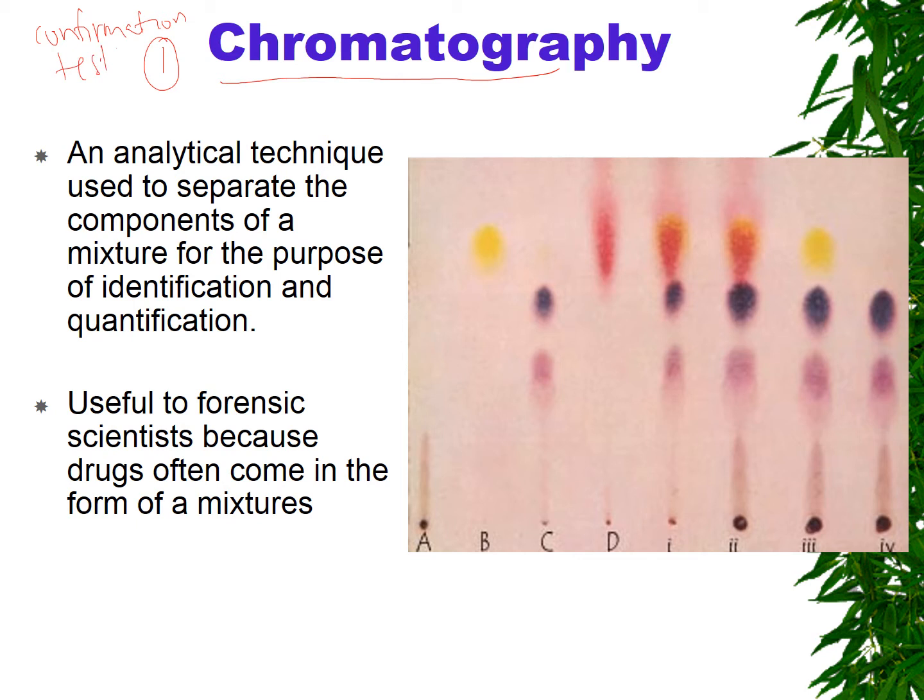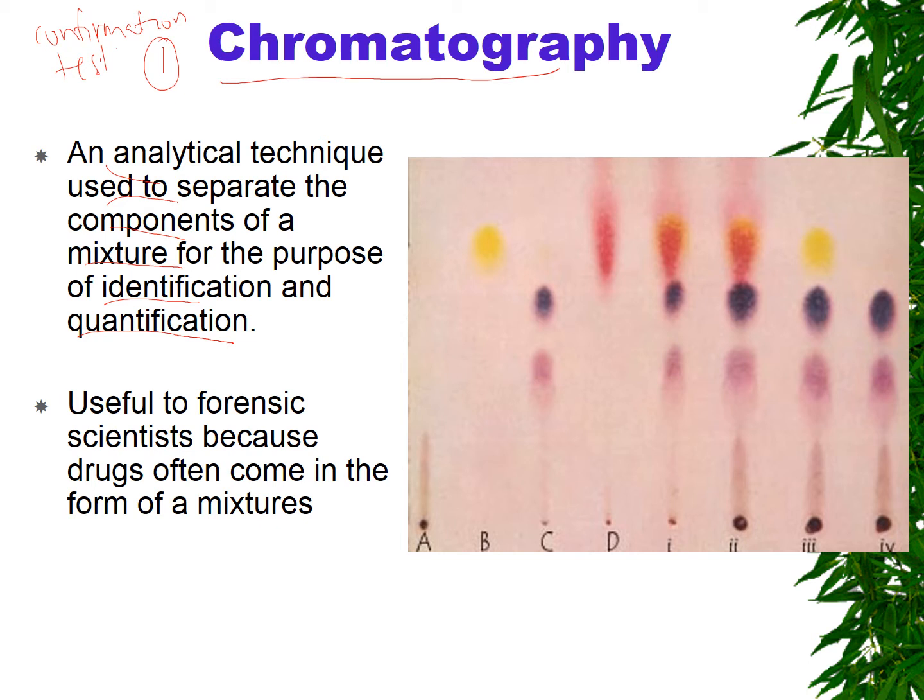So it is an analytical technique used to separate the components of a mixture for the purpose of identification and quantification. So daripada chromatografi ni sebenarnya kita akan asingkan dia dan kita akan identify apa kandungan dia tu, dan seterusnya kita dapat tahu berapa banyak kandungan itu ada dalam kita punya bahan tu.